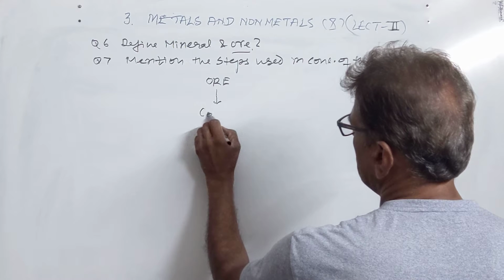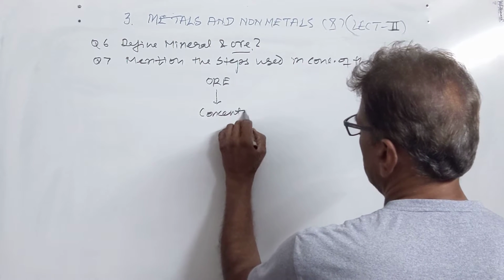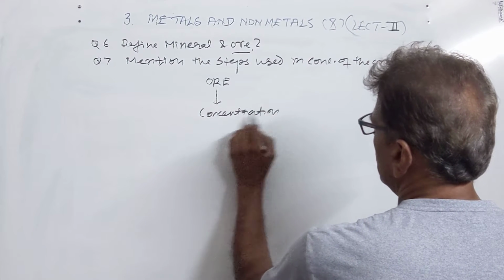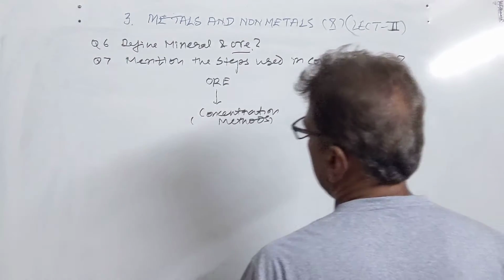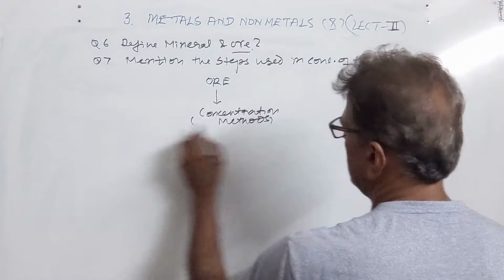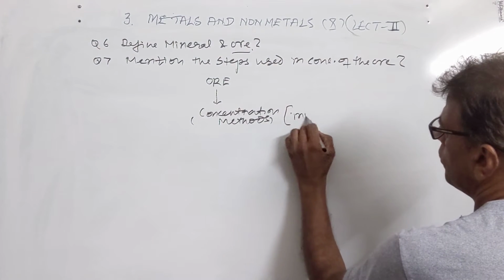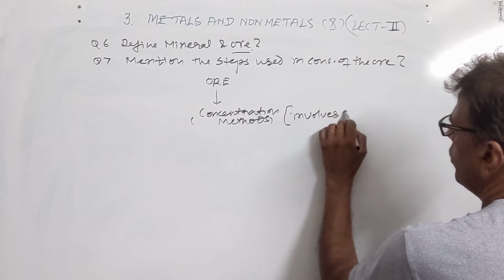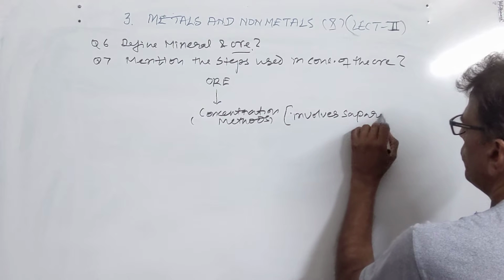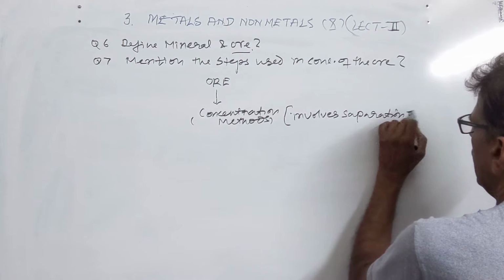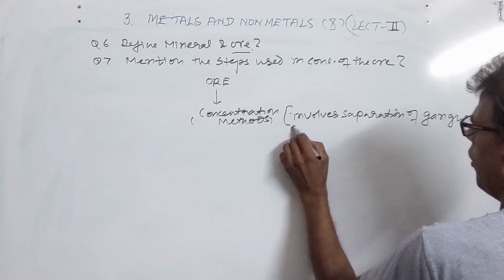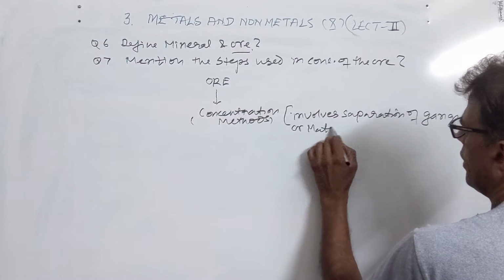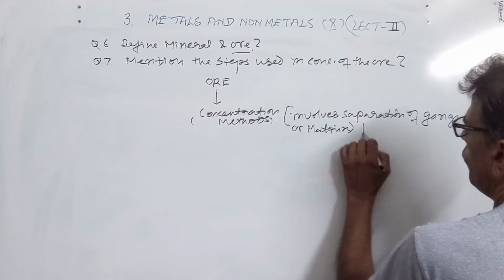Then this is subjected to concentration methods. Concentration involves separation of gangue from the ore. Gangue means impurities, also called matrix.